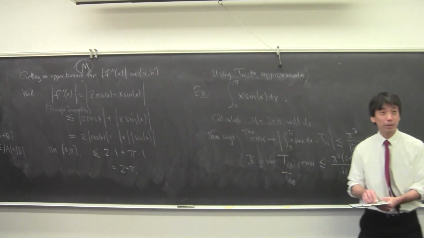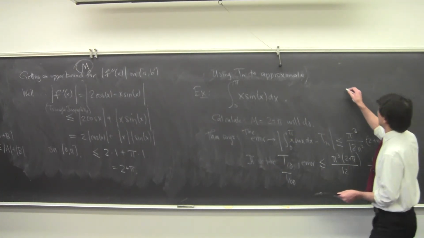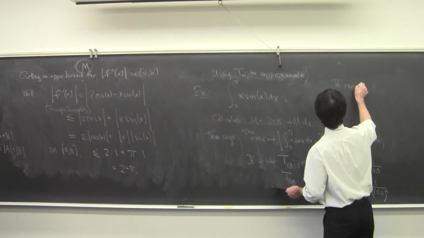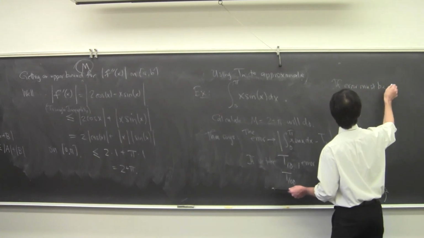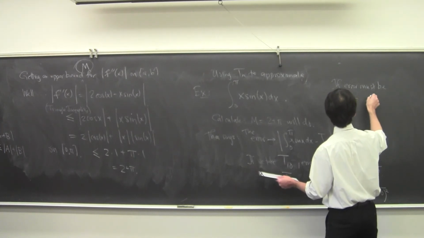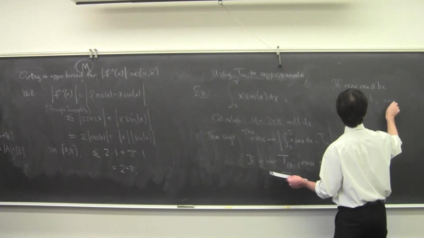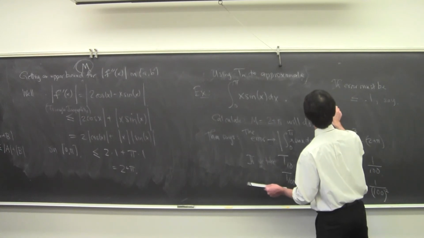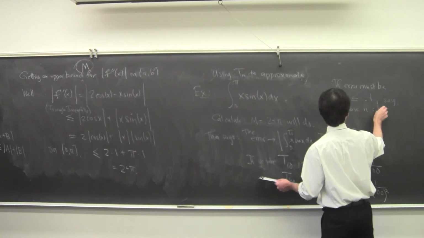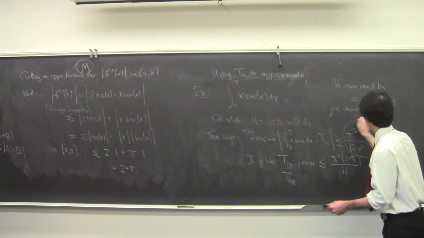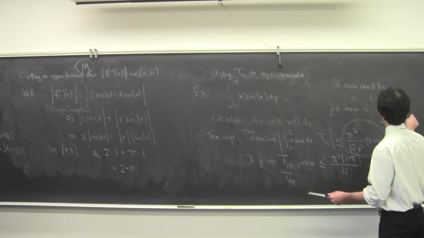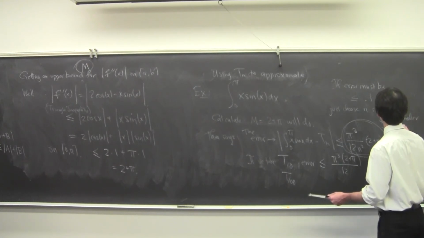Everybody understand that? If the error must be smaller than some number, 0.1 say, just choose n such that this thing is smaller than 0.1.